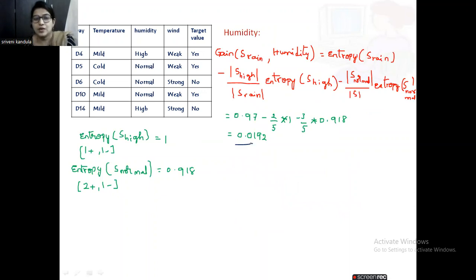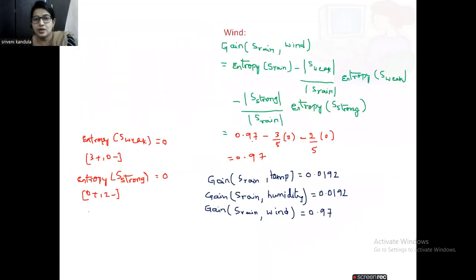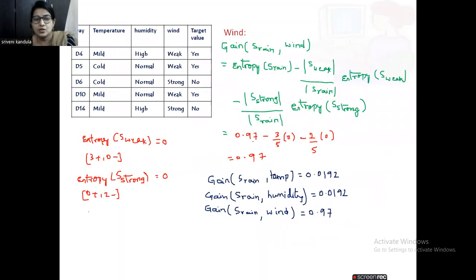Next, we have to calculate the gain of S rain comma wind. So the same data set we are considering for wind. Here the possible values are weak and strong. So weak, all 3 are positive. In strong, both are negative. So we are getting the entropy values as 0.